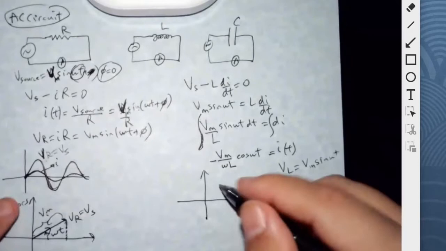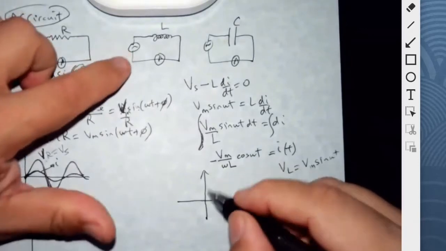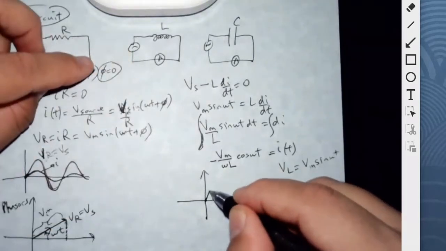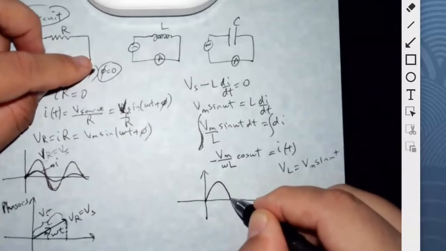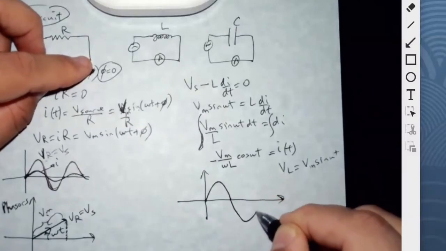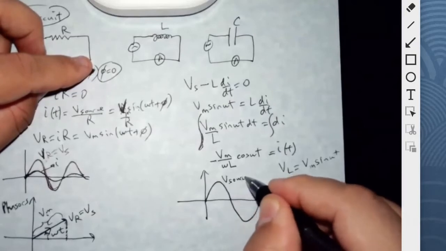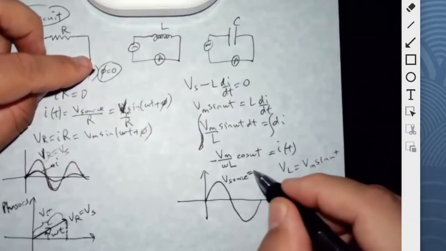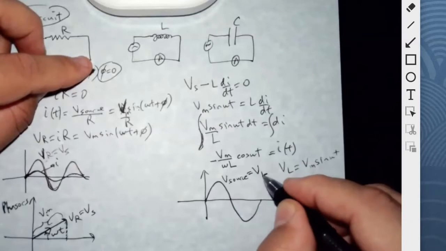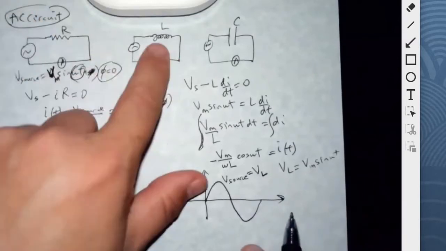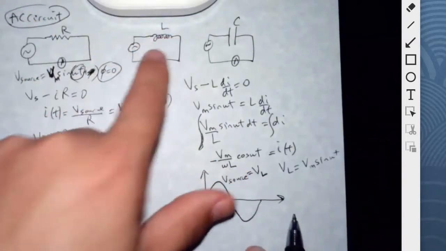So the oscilloscope would show us something like this. The source voltage is like this. This is the voltage of the source, and it's also equal to the voltage of the inductor. Of course, I'm assuming the inductor is the only thing in the circuit.